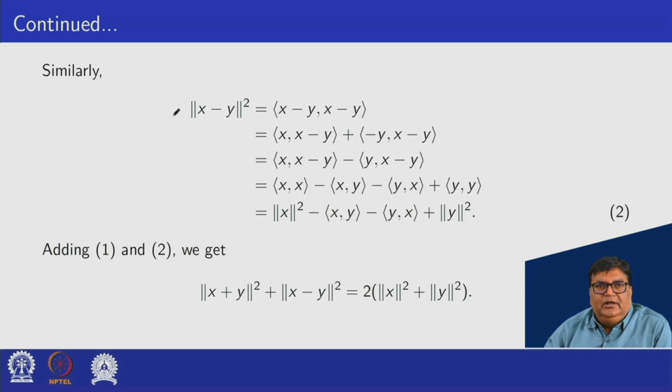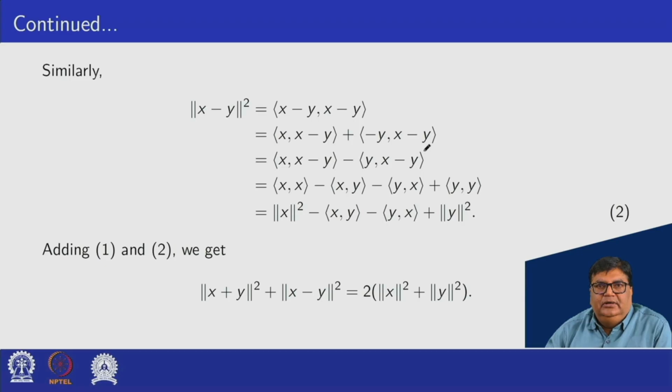Similarly, the square of norm(x − y) is also written as the inner product of x − y with x − y. So using the first property of inner product, we can write the inner product of x with x − y plus the inner product of −y with x − y.